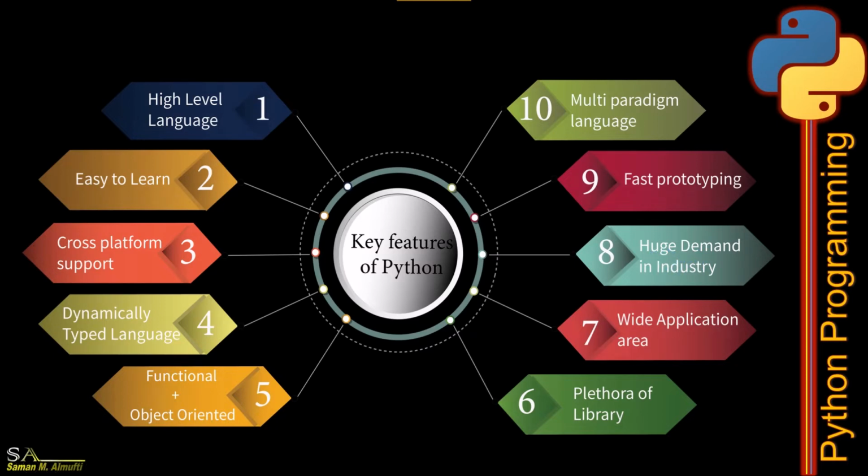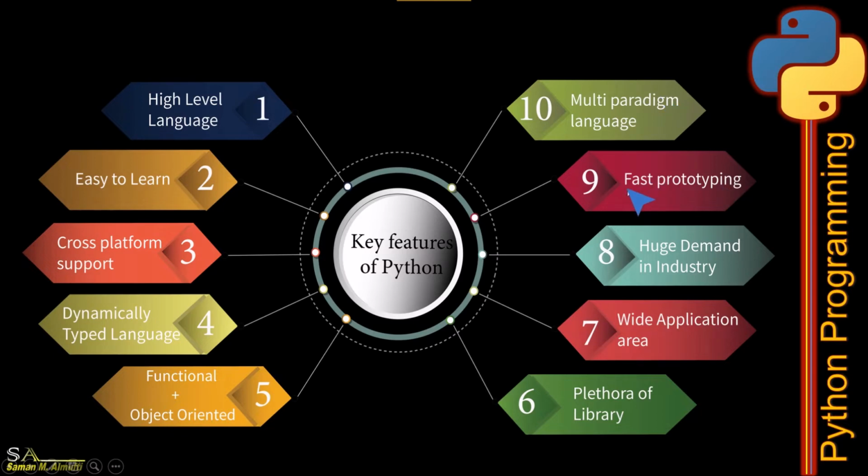Python has a huge demand in industry. As we said before, Python is the most popular programming language and it is the most sought after for jobs. That made it the most demanded language in industry.